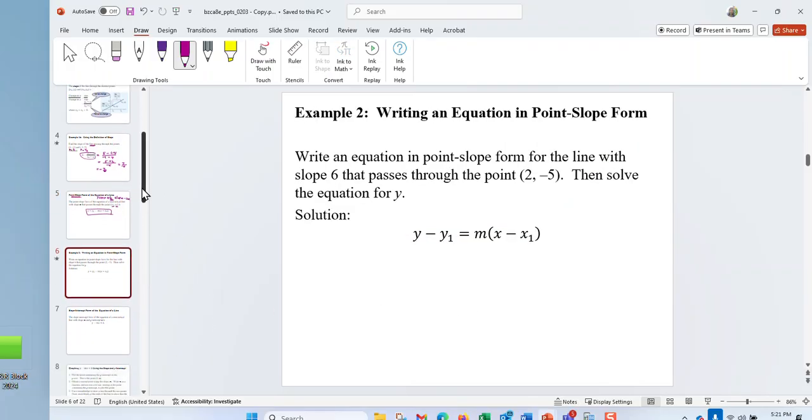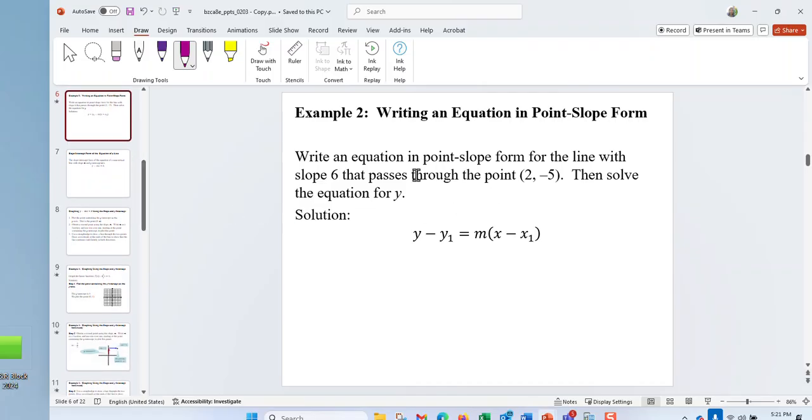Alright, so look at this one right here. If I want to find this equation, the slope is 6 and it passes through this point, right? So I just write down the point-slope equation here, and this is my x1, y1. Alright, so y minus y1 will be y minus negative 5.